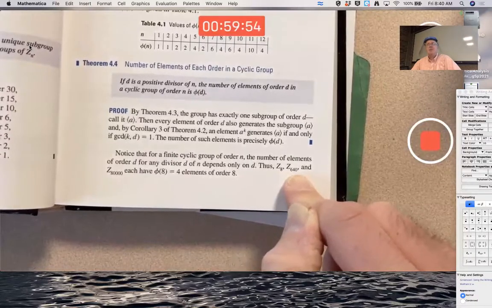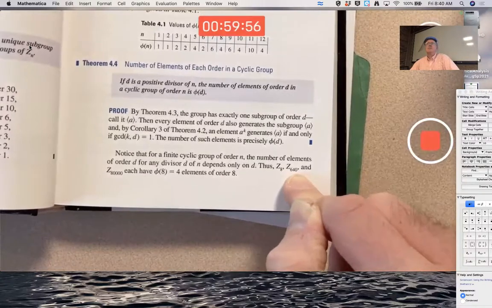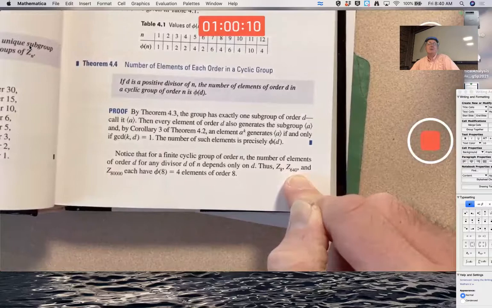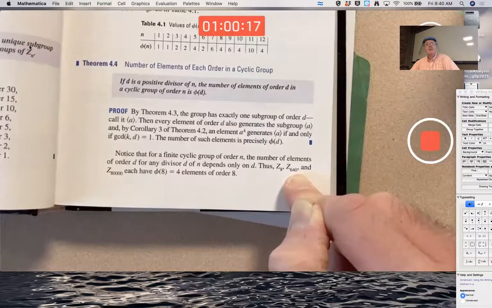In Z640, the elements of order 8 would include 80 for 1, right? 80 would have order 8 in Z640. Also 3 times 80, 240, would have order 8. 5 times 80, 400, would have order 8. And 7 times 80, 560, would have order 8.